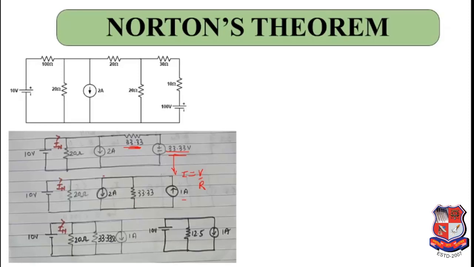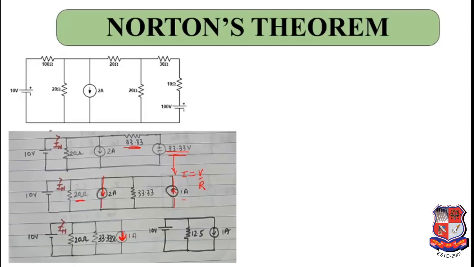Now you can see current is flowing downwards over here and upwards over here, so it means minus 2 ampere and plus 1 ampere, which is minus 1 ampere. Or if you take the downward direction as positive and upward as negative, then it will be 1 ampere downwards, in parallel with 33.33, and that will be in parallel with 20 ohms.